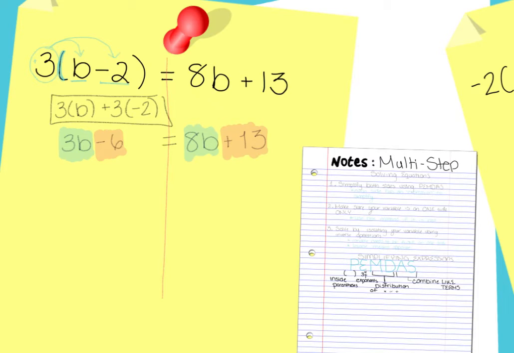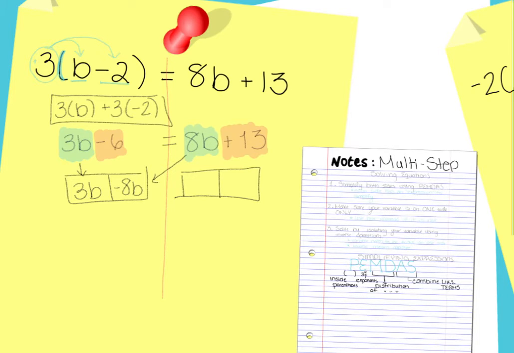So I'm going to make sure that my 3b and my 8b end up on the same side, and my negative 6 and my 13 also go on the same side. 3b stays on its own side. 8b becomes negative 8b because it crosses the line. Positive 13 stays on its own side, and then the negative 6 crosses and it becomes positive 6. Okay, so the minute it crosses the line, it changes sign.